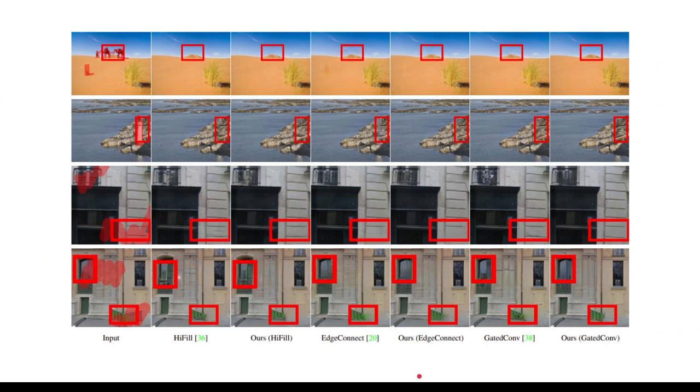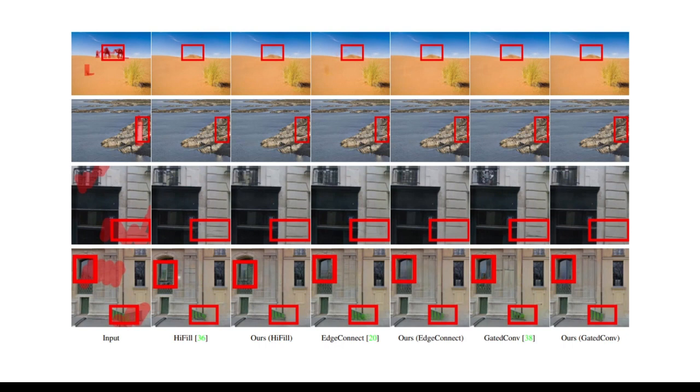The author conducted the experiment by using different image inpainting models as the base reconstruction model in stage 1 and compared their results with the corresponding base model. For example, this column is the image generated by the original Gated Conv method, and the column next to it is using Gated Conv to generate a monochromic image in stage 1, then applying stage 2 for color reconstruction.